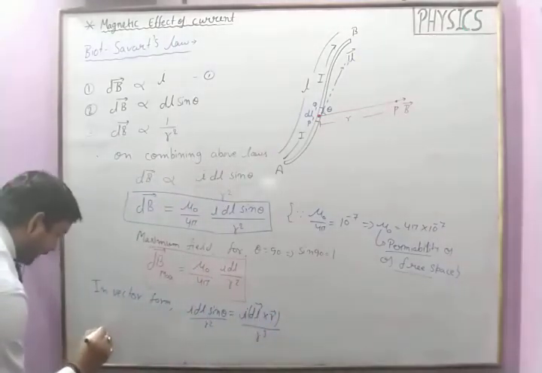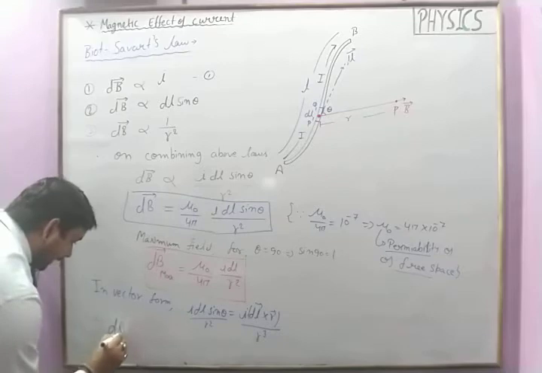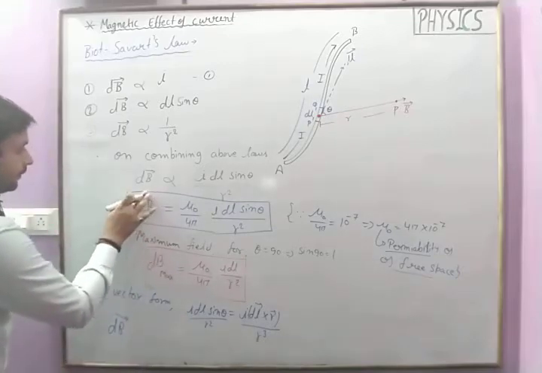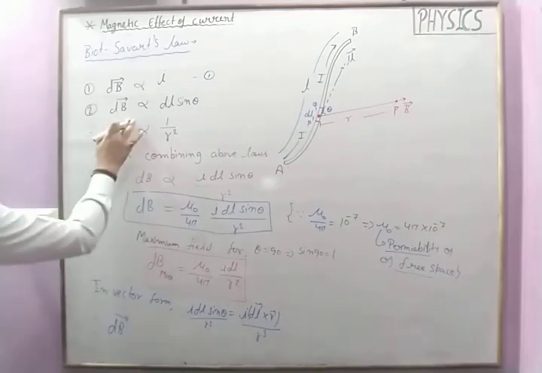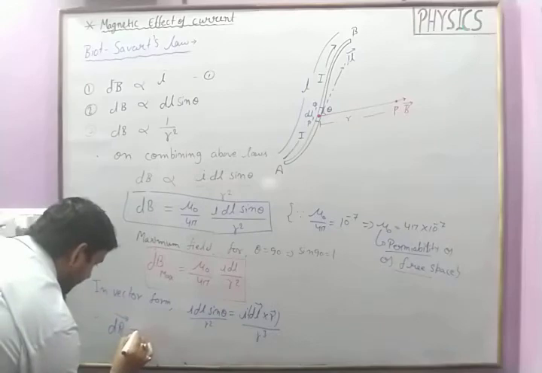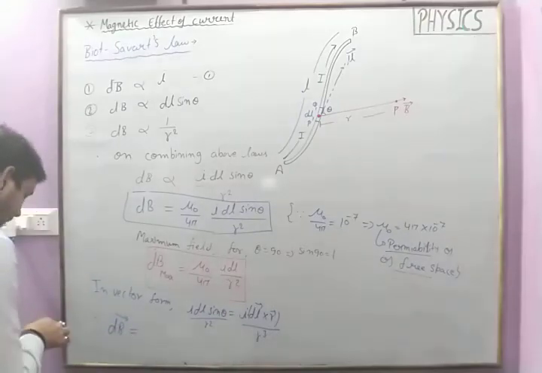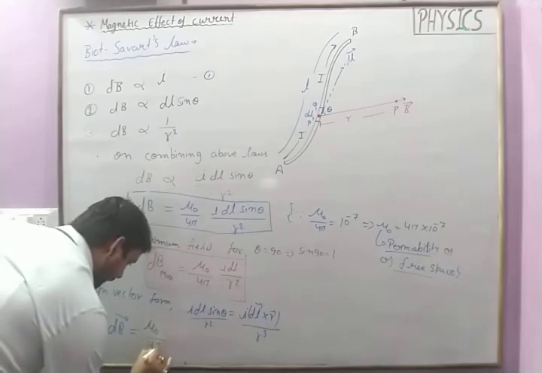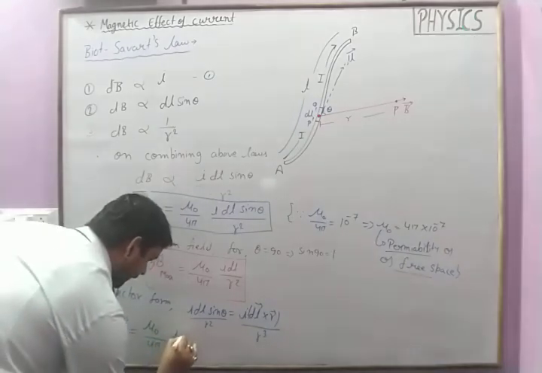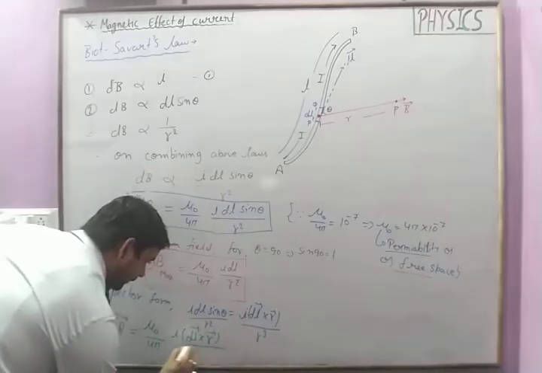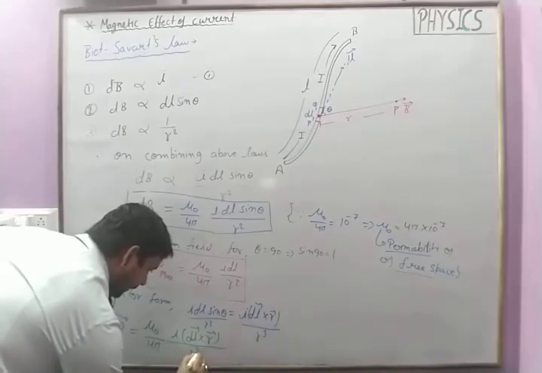Therefore the magnetic field in vector form is given by mu naught upon 4 pi I vector dl cross vector r upon r cube.